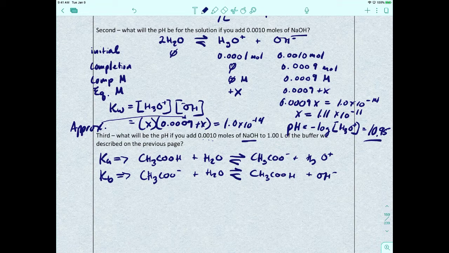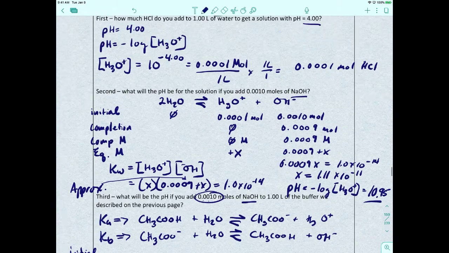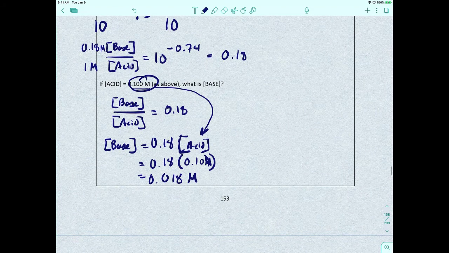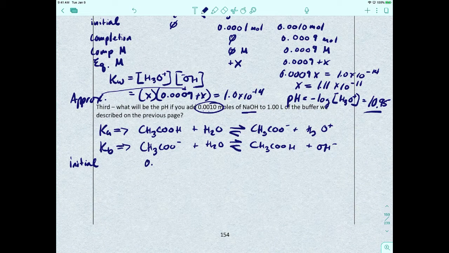All right, so because we're adding this much of the base, we need the Kb expression. We need the Kb equation for this. So let's use that equation. For the acetate ion, according to the previous problem, the acetate ion was 0.018 molar, and assuming we have 1 liter, that would be 0.018 moles.